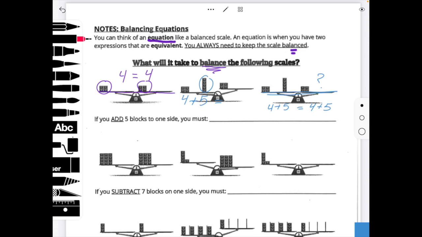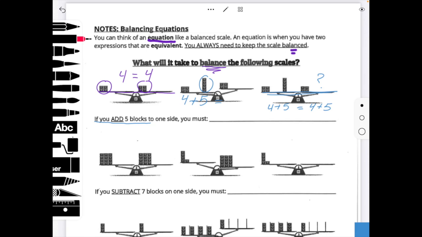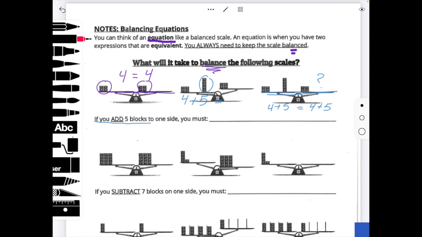So if we are adding 5 blocks to one side, we must add 5 blocks to the other side as well. Keep those scales balanced.